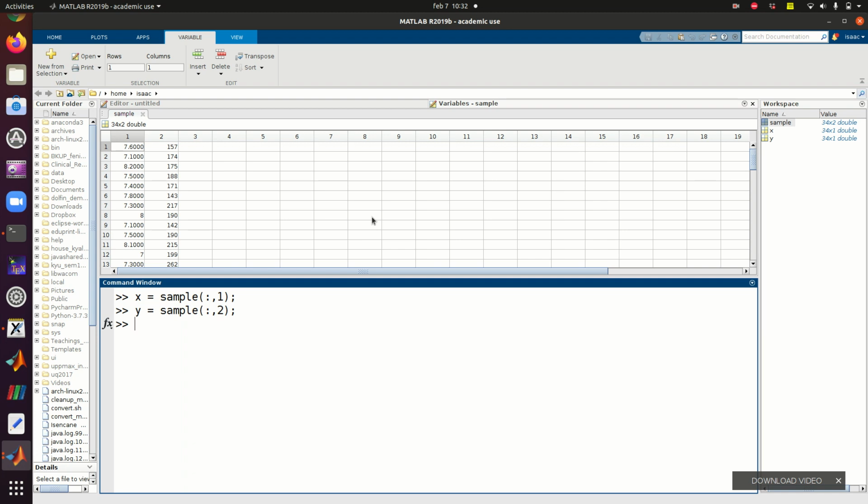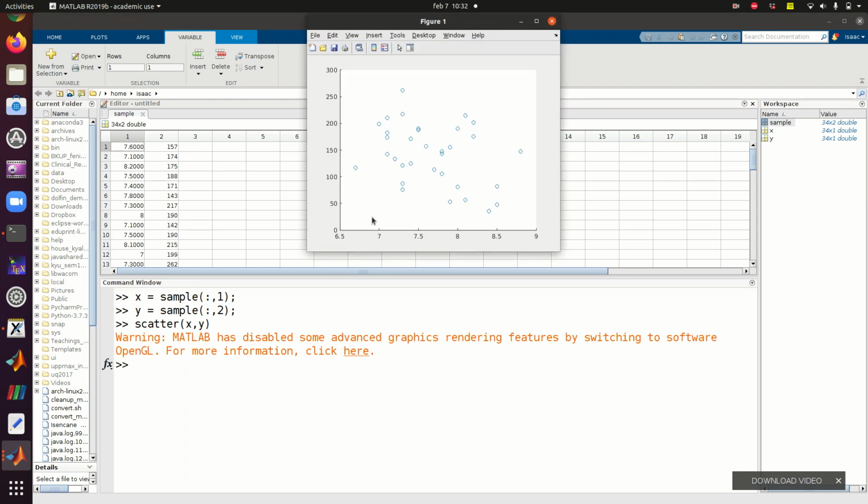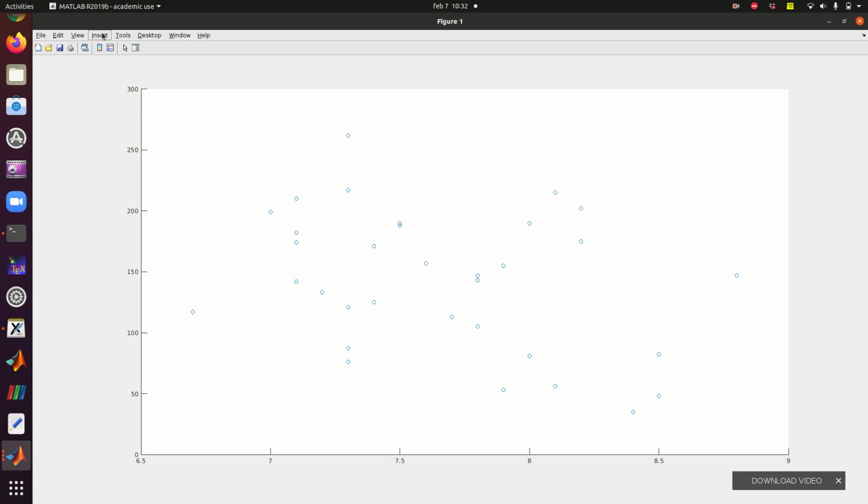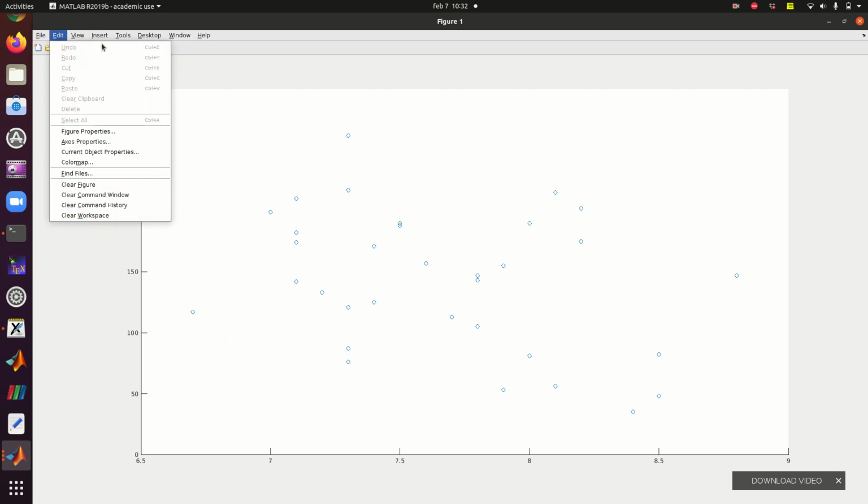We also compare with last time, when we did a scatter plot of x and y, and then we saw the regression. We drew the scatter plot, which I'll maximize, and then went ahead and drew the regression.